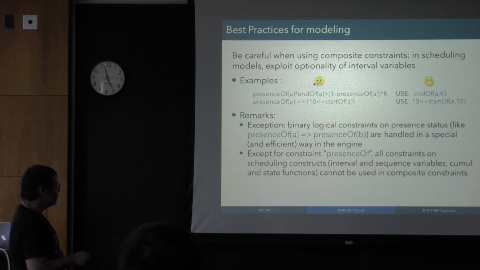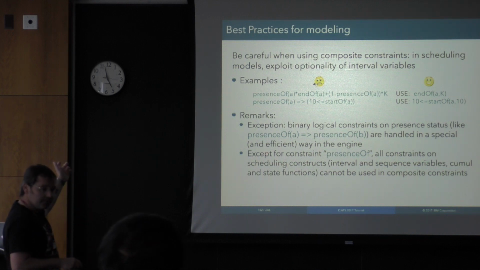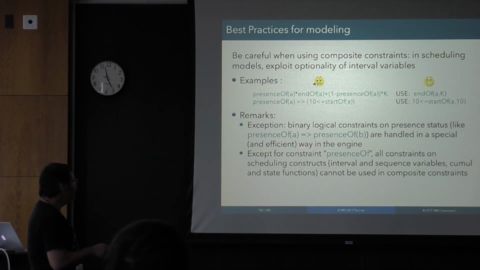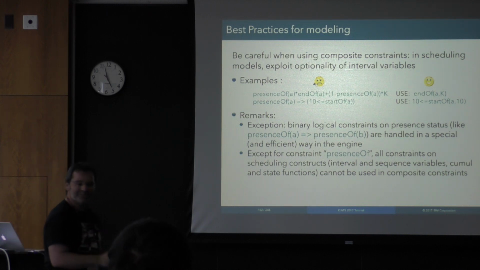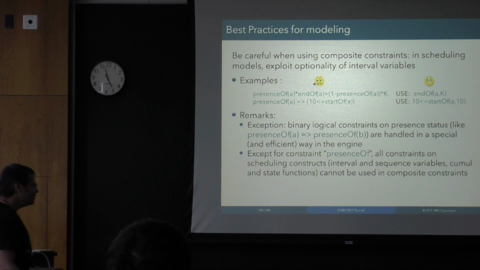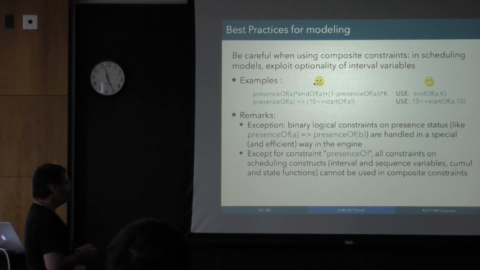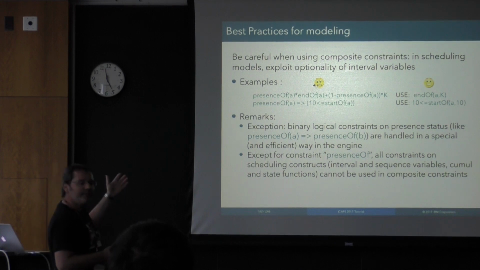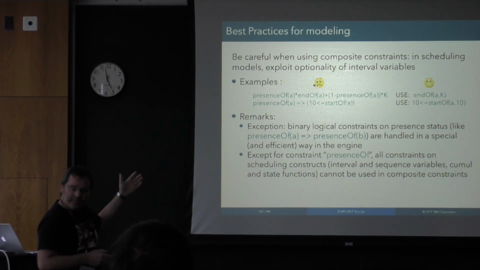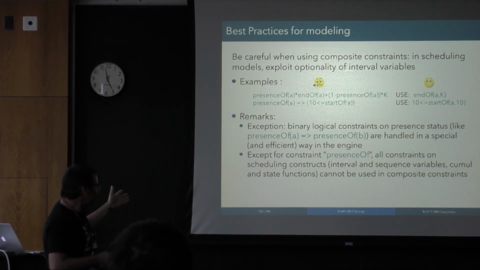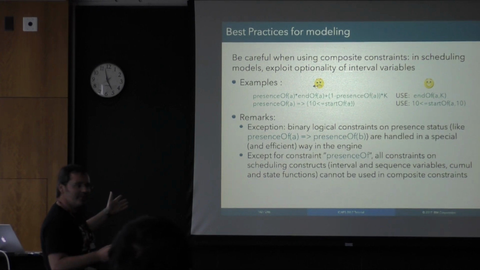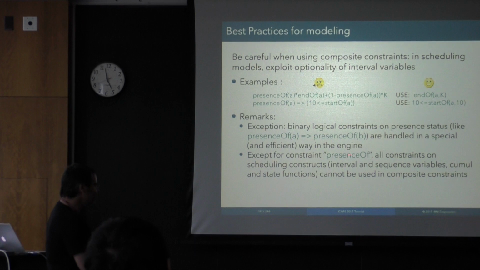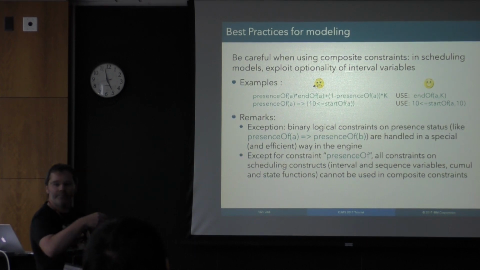There is one big exception, and I talked about it earlier, which is the binary logical constraint. You can put them and no problem. They're treated and optimized. Actually, if you are using the constraints that I described in this presentation for scheduling, we do not allow this constraint in composite constraints, except for presence of. You cannot have them in meta constraints.